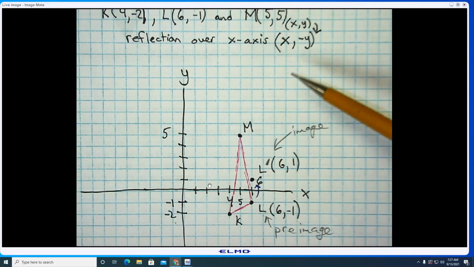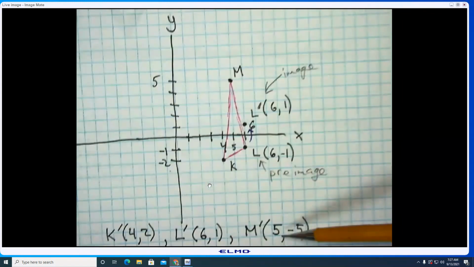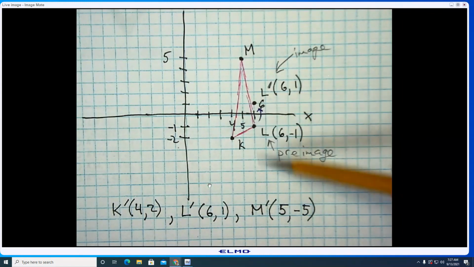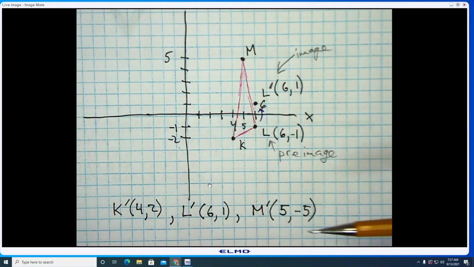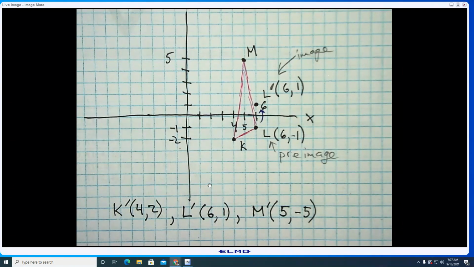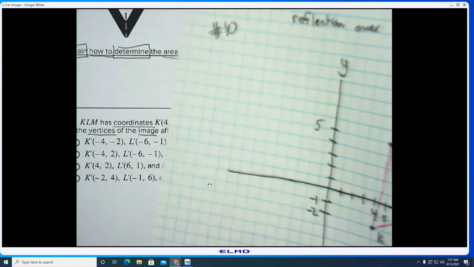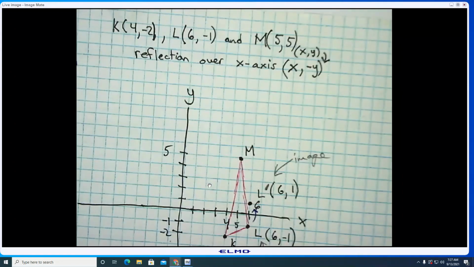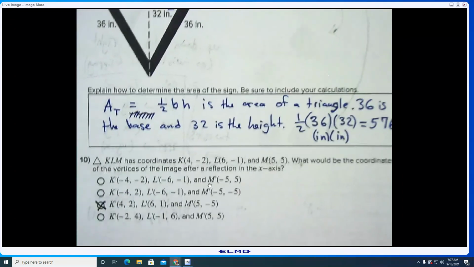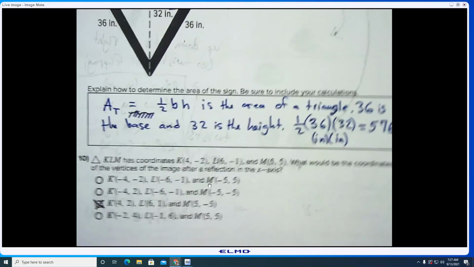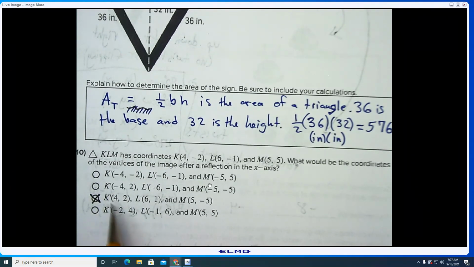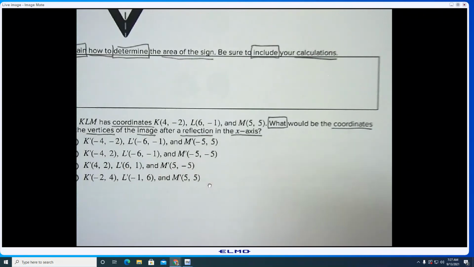Then I looked at each of these 3 points. We can do the shape if we wanted to see how it's a reflection over the x-axis. So those are our 3 points, and it matches. As you're doing this, make sure you note what you're looking at. That was 10.